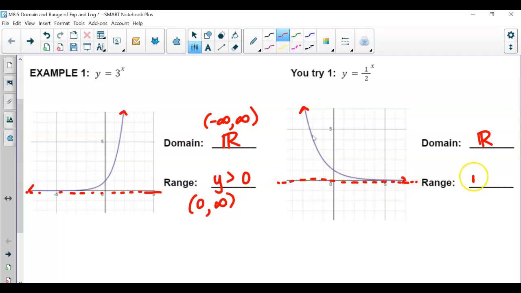So we have y values greater than 0. So notice how here, even though this showed growth and this showed decay, no matter what, you still have in the exponential that horizontal asymptote and the graph approaching that asymptote, which is cutting off our range here, the y values.